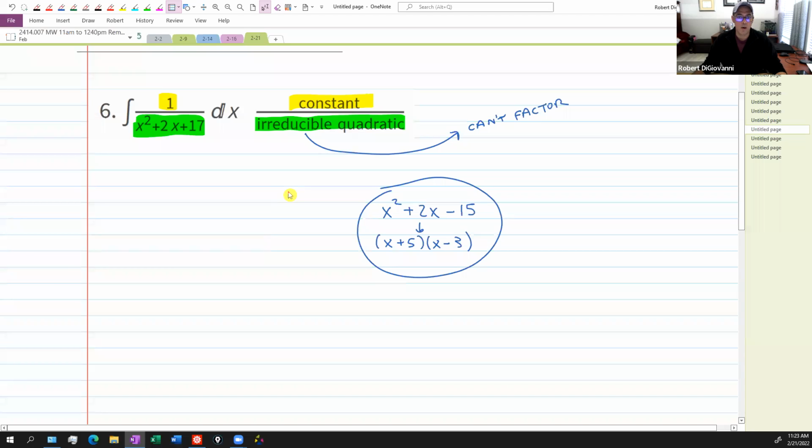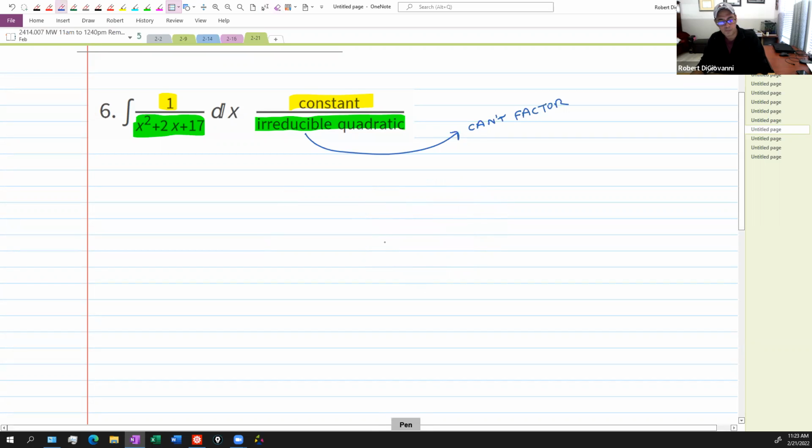We're going to complete the square. That's all we're going to do is complete the square. So we're going to take the denominator over here, x squared plus 2x plus 17, and we're going to complete the square. So we've done this. We did this last class, right? We're going to take the number that's in front of the x term here, take half of it, right?